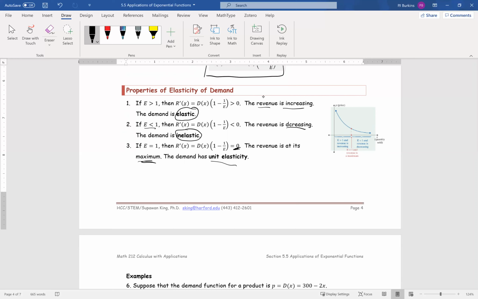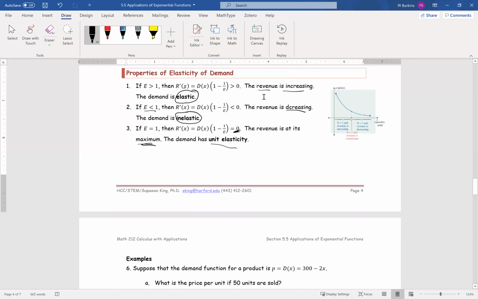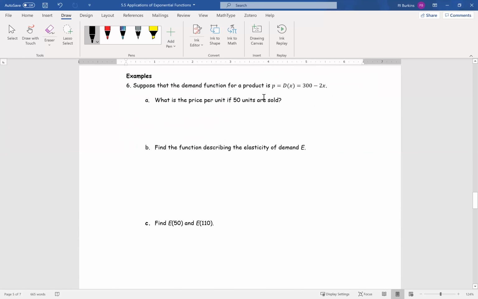But this helps us not only use, right, the idea of derivatives, but apply it quite a bit to these situations. So let's go ahead and look at some of these problems. The first one here says, suppose that the demand function is given as 300 minus 2x.